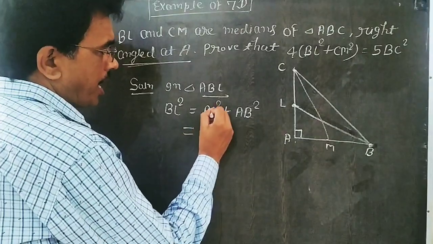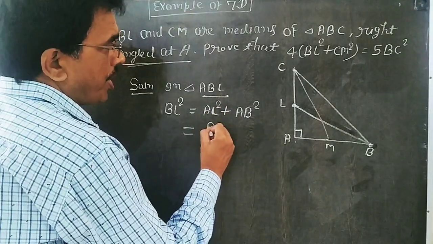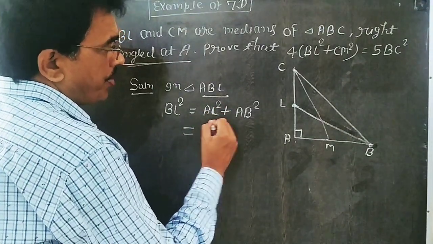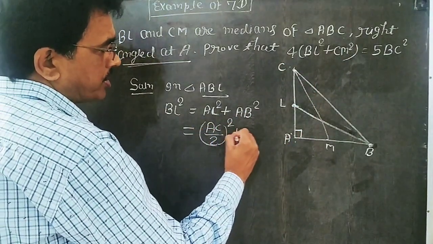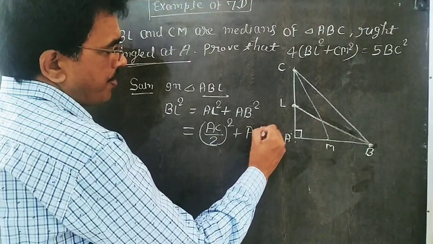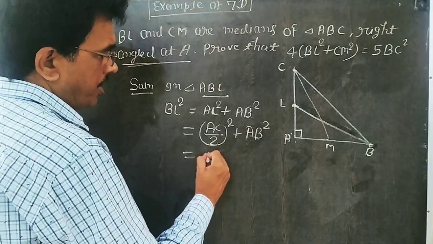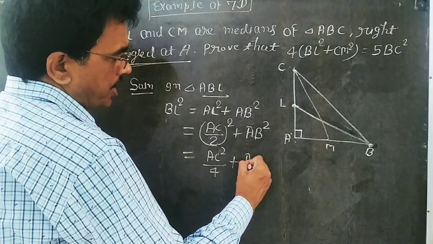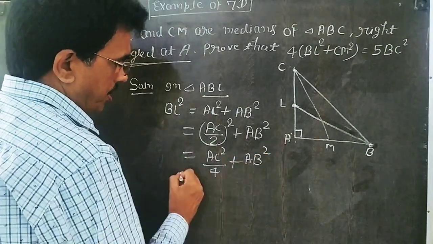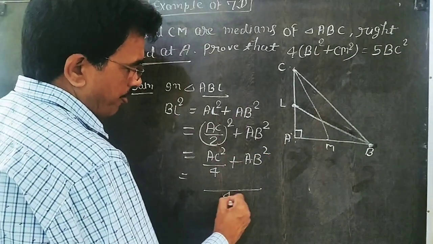And this AL is equal to AC by 2 because L is the midpoint of AC. So AC by 2 whole square plus AB square, then AC square by 4 plus AB square. Again take LCM, that is 4.